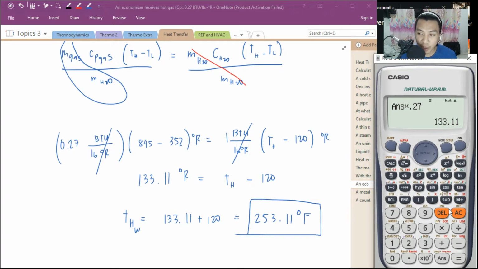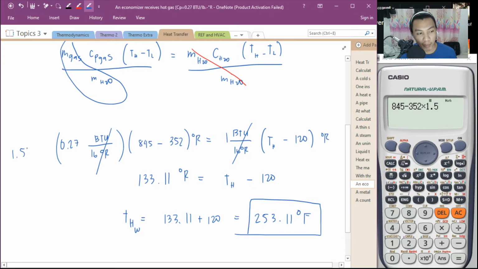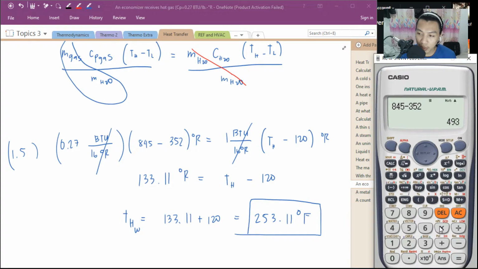Times 1.5. Kulang pa pala. Dito ko nagkamali. Hinahanap ko yung mali ko eh. Bali, 845 minus 352 times 1.5. Hindi ko na isama dito. Ina-cancel, 1.5. Ayan. Dapat 'to buo. Times 0.27. Okay.